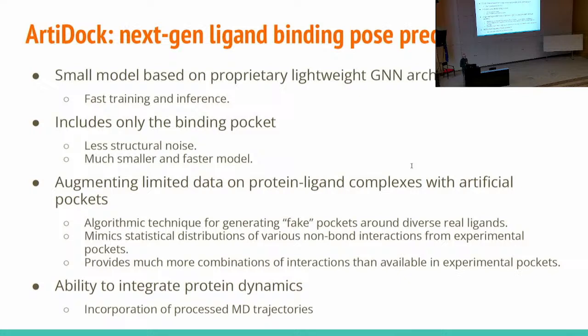It also includes only the binding pocket to make it even lighter. And as I said, it is augmented with these synthetic protein ligand complexes. And it's also able to integrate the protein dynamics. Because since the model is very fast and very light, we can do an ensemble of conformations instead of one conformation. And we can also train the model on the trajectories from MD simulations.